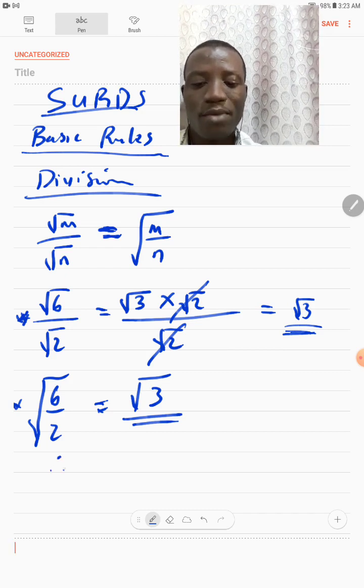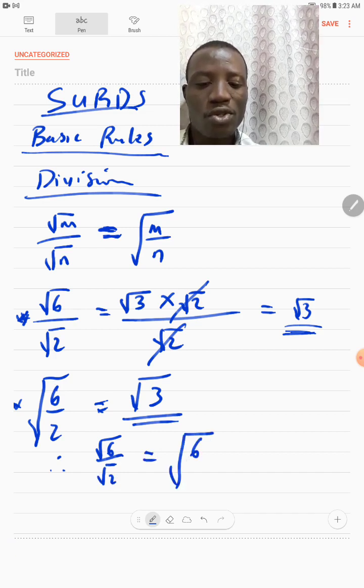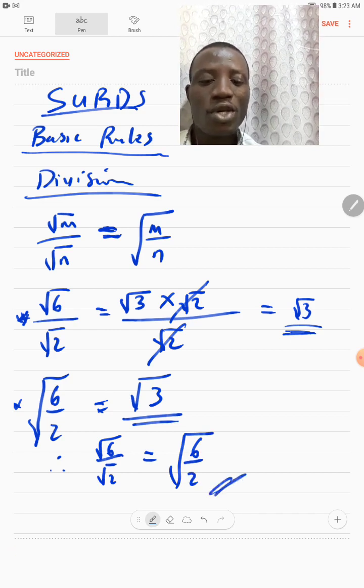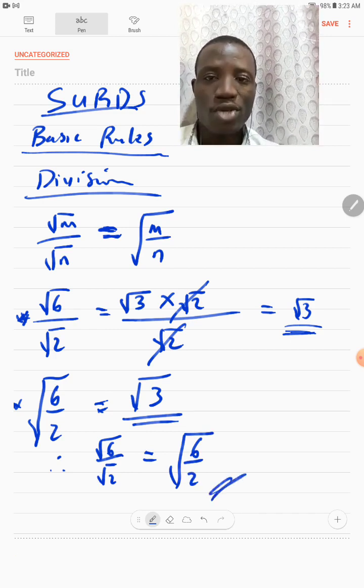So we can establish that root 6 over root 2 is equal to root of 6 over 2. This is a very important rule that you need to understand when it comes to solving questions on SURDS. I hope you do get that.